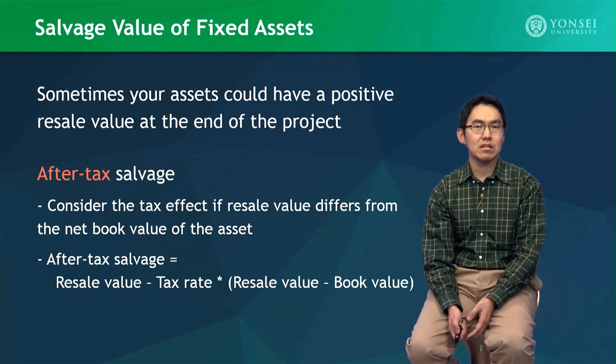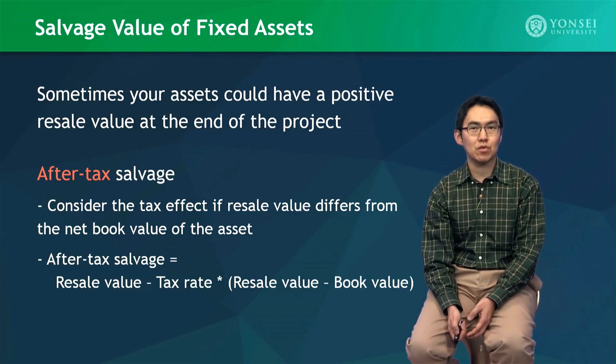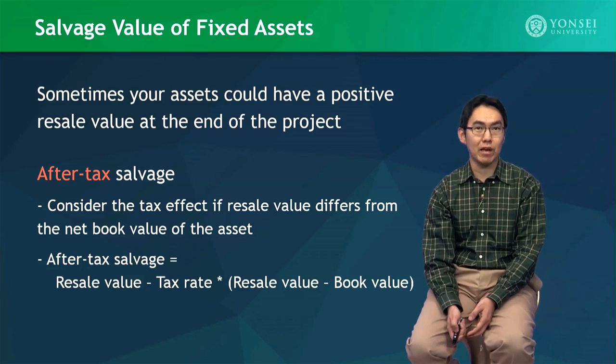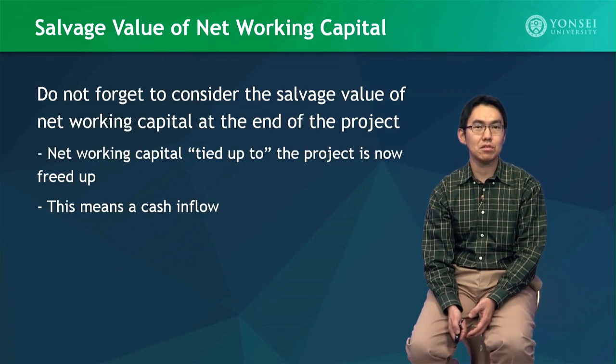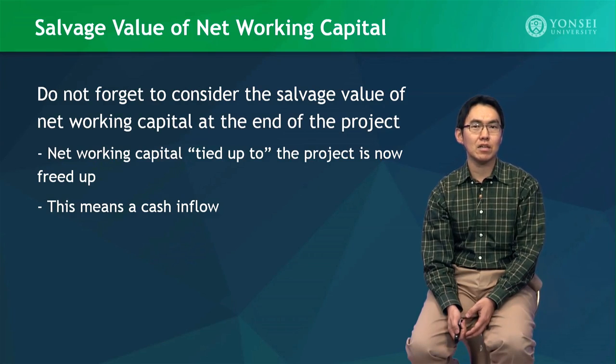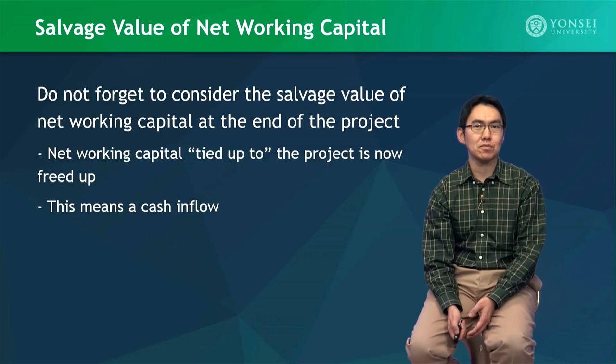That is, the after-tax salvage is calculated as resale value minus tax rate times the difference between resale value and book value. Also, do not forget to consider the salvage value of net working capital at the end of the project, because net working capital that has been tied up to the project is freed up at the end of the project.